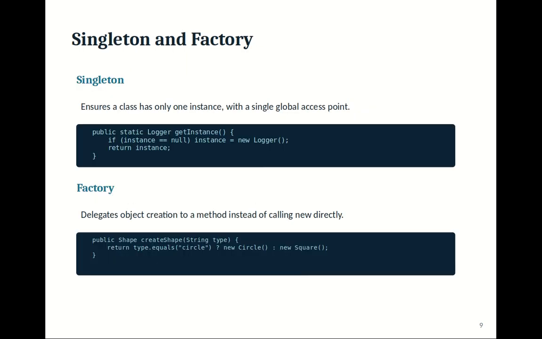Singleton and factory. Singleton ensures a class has only one instance with a single global access point. Factory delegates object creation to a method instead of calling new directly.